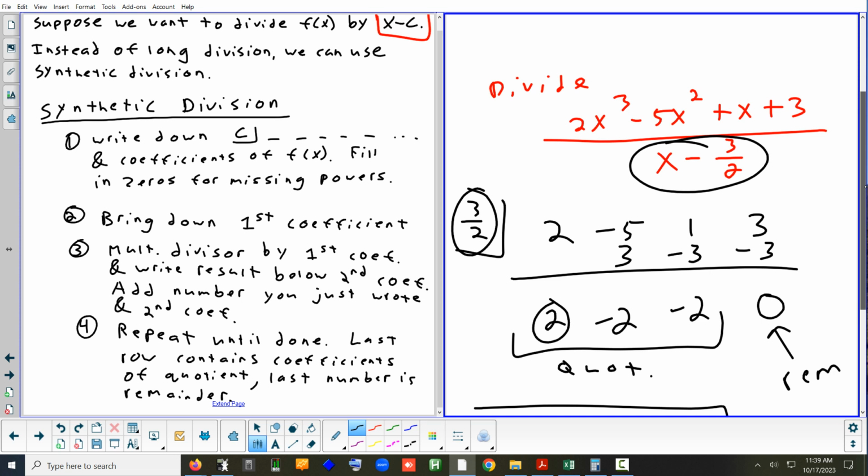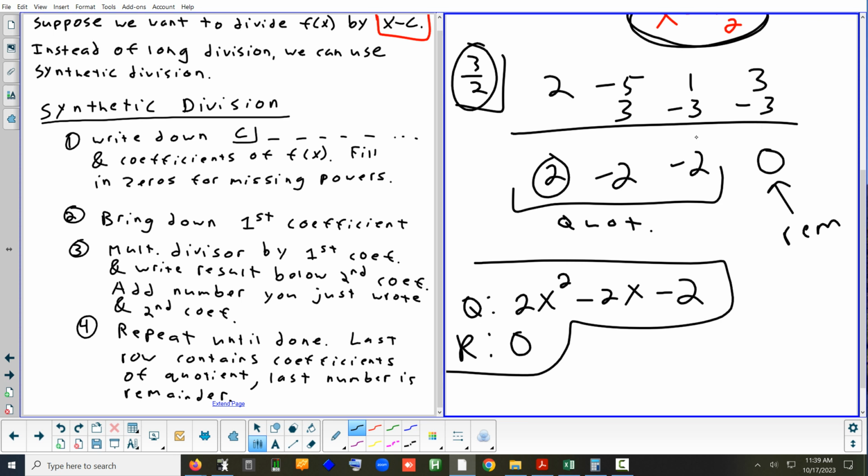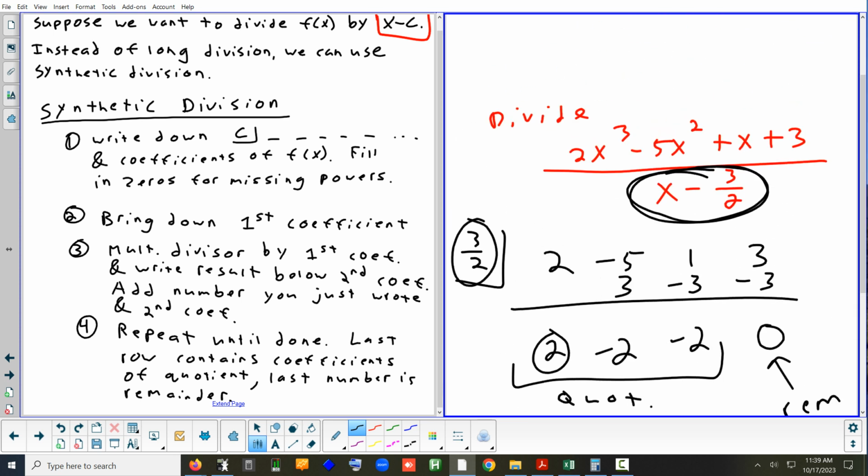Now, if this is a factor, then what is that 3/2? That's a 0. It's also called a root, and it's also the what? It's also the x-intercept. Yep. So 3/2 is a root, or a 0, or an x-intercept. X minus 3/2 is one of the factors.